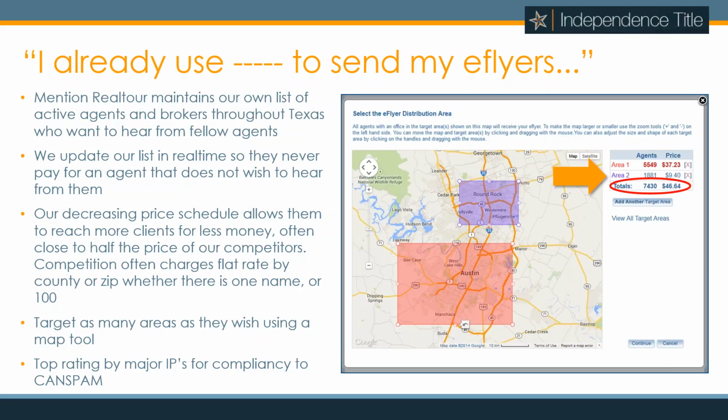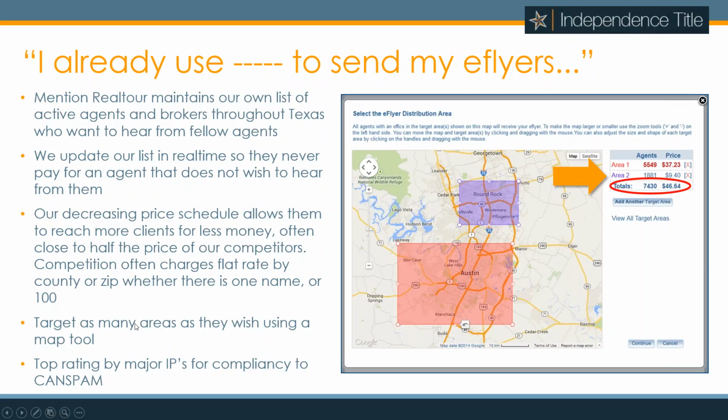A lot of that's because they're charging flat rates, often for an entire county or zip code. You don't really have the opportunity to choose specific areas like you do with us. So they're paying for all those additional names that they don't really want. As well, just mention to them that we do allow them to target as many areas as they want or as small an area as they want using our map tool, so they're not stuck with these counties and zips that they're forced to use with our competitors.